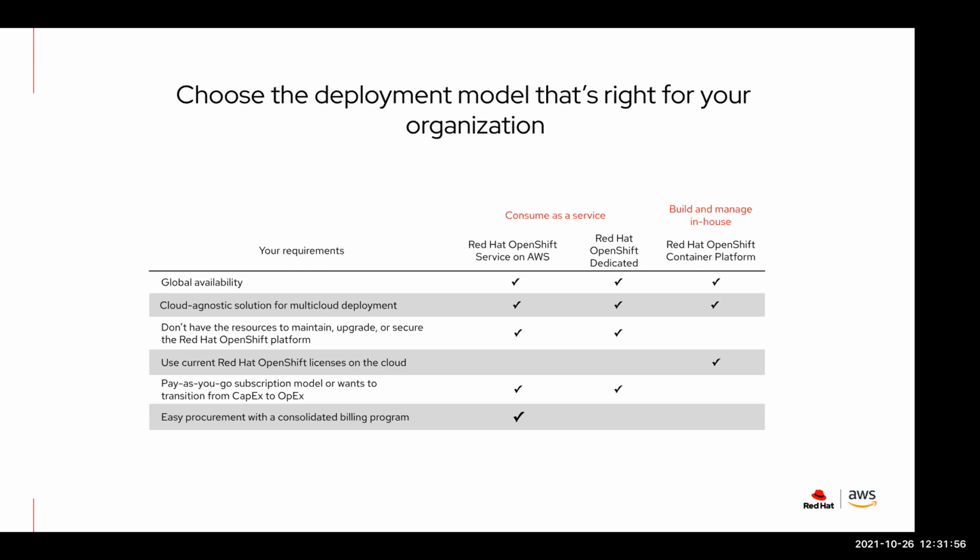wanting to have this kind of pay-as-you-go subscription model or wanting to have easy procurement, I would say that the number one reason that I see some of our customers starting to adopt something like ROSA is that third line item there. You don't have the resources, or maybe you don't have the skill set in place to maintain, upgrade, or secure OpenShift as a platform.